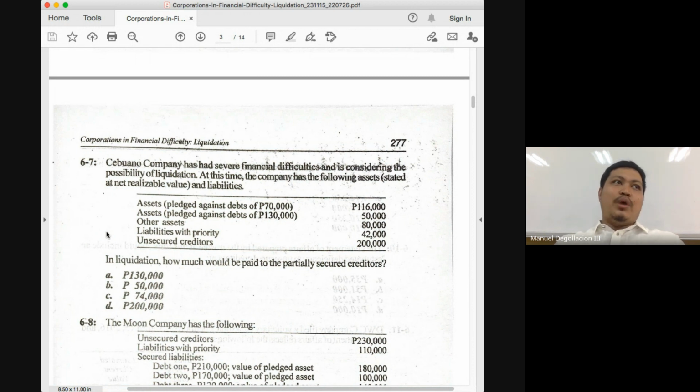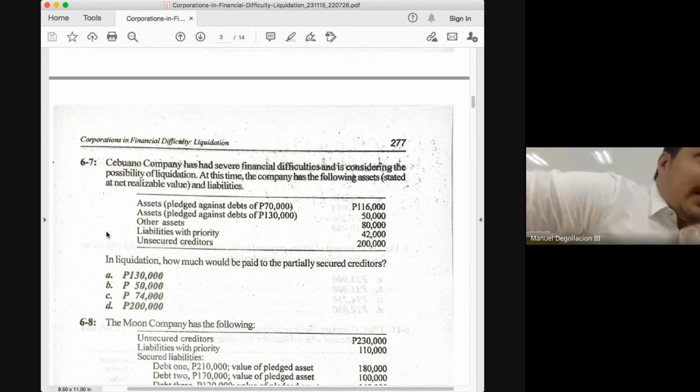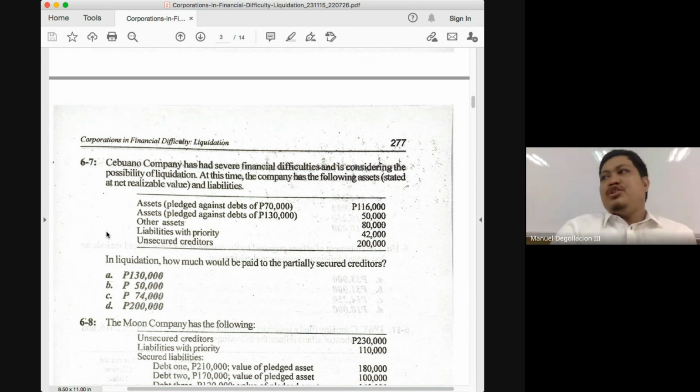Next, how much will the fully secured creditors receive? And as I mentioned in the initial discussion, there's no need to compute for fully secured liabilities, class. They would get the full or 100% of their claim. And how much is your fully secured liabilities here? 70,000. So if you are asked how much are we to pay for our fully secured liabilities, the answer would simply be 70,000.